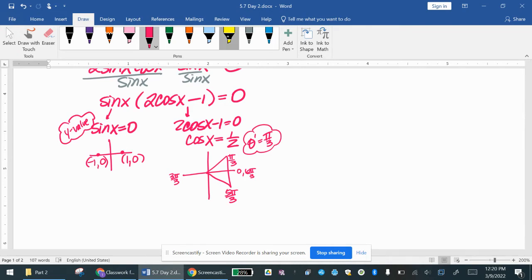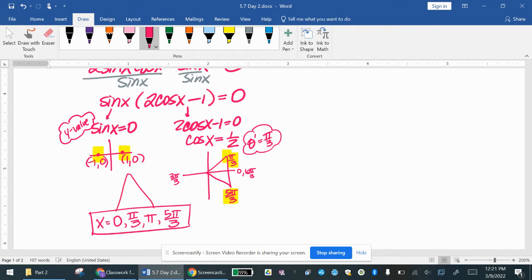So our solutions are all the angles that I'm going to highlight in yellow right now. So x equals 0, pi over 3. I'm just putting them in order. That's not a requirement, but feel free to do so and put them in order from smallest to biggest. So 0 and pi are the answers for the first half, and pi over 3 and 5 pi over 3 are the answers to this part.